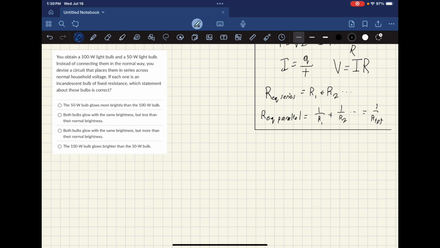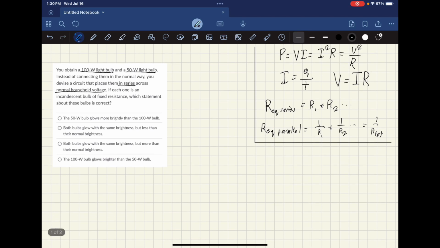For our next question, we have a 100 watt light bulb and a 50 watt light bulb. We're devising a circuit that places them in series, and it has a normal household voltage. If each one has fixed resistance, which statement about these bulbs is correct? It gives us a series of statements. All of these statements are wondering which one glows more brightly.